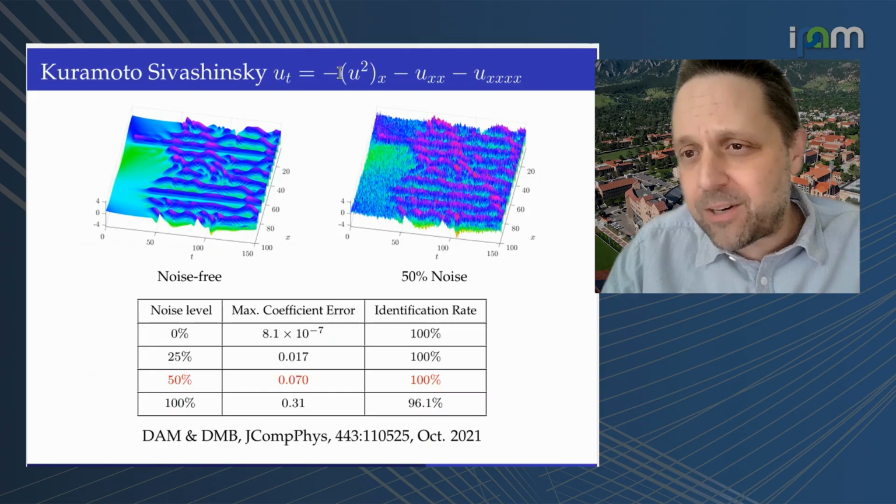For several hundred experiments with several hundred potential candidate library terms, it correctly infers, for basically all of the hundreds of examples we tried, these three terms. It wasn't always perfect on the parameters, and there are some reasons for that I can get into later, but these are technical considerations. So we can actually do a lot better than this 7% error, or 30% on 100% noise.